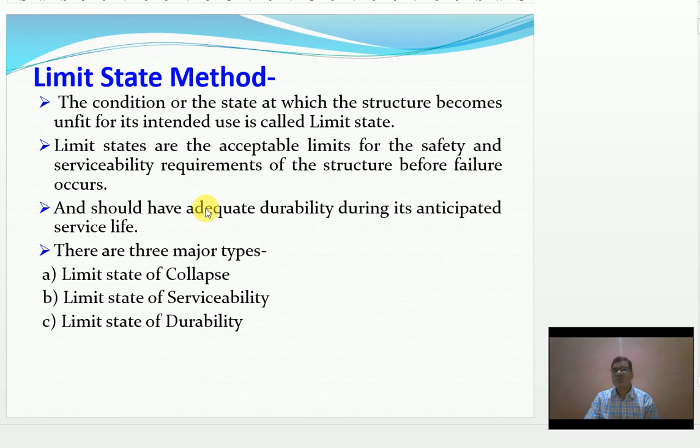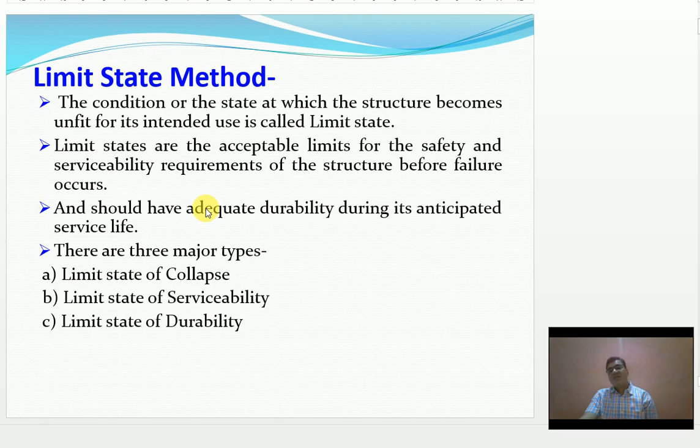So these are the three different limit states. We'll see the three major types of the limit state. First one is limit state of collapse, second one is limit state of serviceability, and third one is limit state of durability. When we say limit state of collapse, that means we talk about ultimate state, that is ultimate load method. Already you understood that. Now at ultimate condition, what will happen? That part we are considering at limit state of collapse.